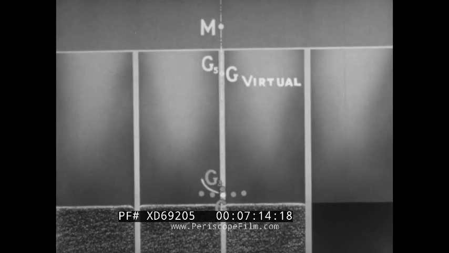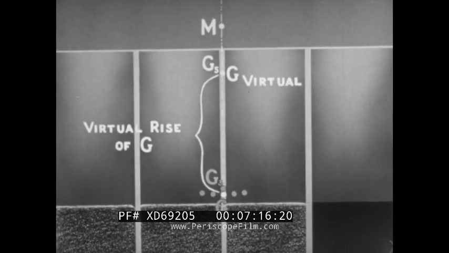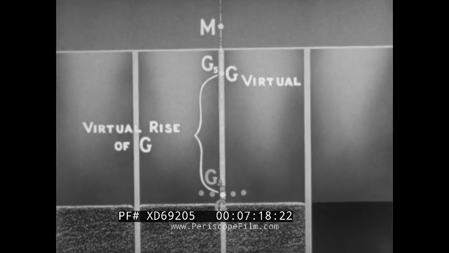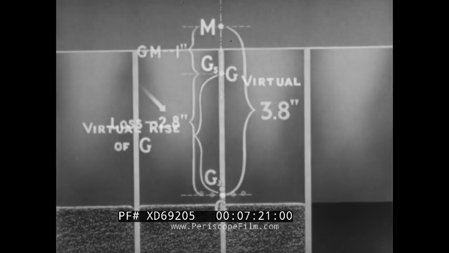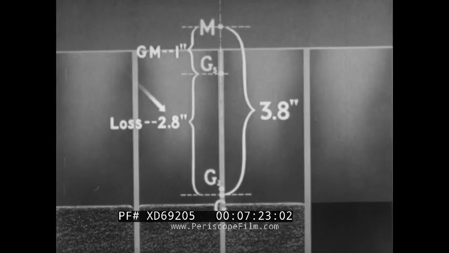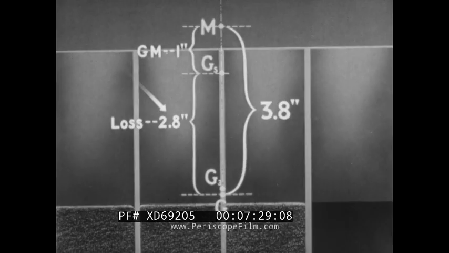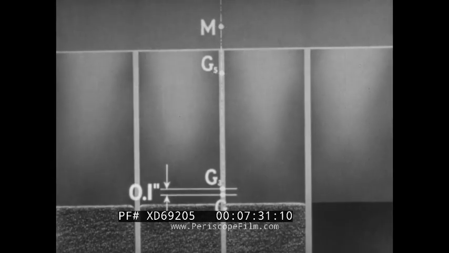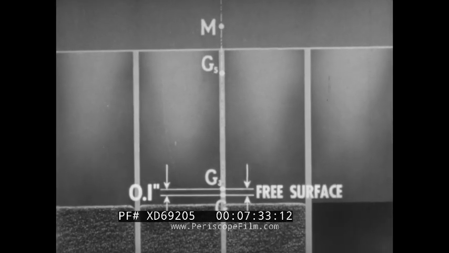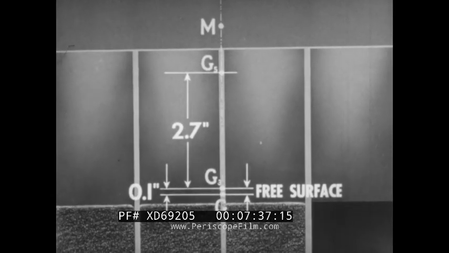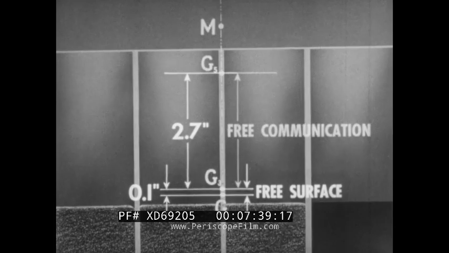The distance from G to G sub 5 is now the virtual rise of G. Thus, the loss of GM from loose water in a compartment open to the sea is made up of 2 parts. The 1/10 of an inch virtual rise of G due to the free surface, plus 2 7/10 inches virtual rise of G due to the free communication.